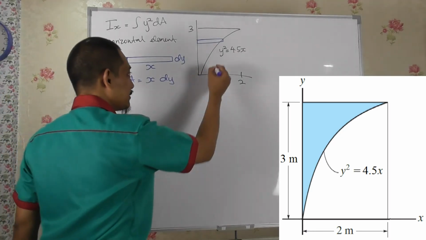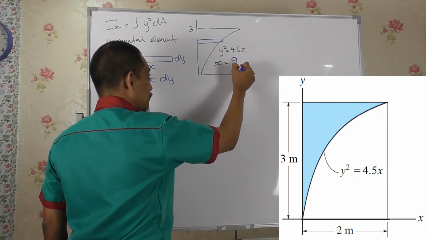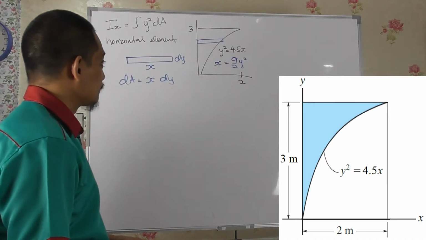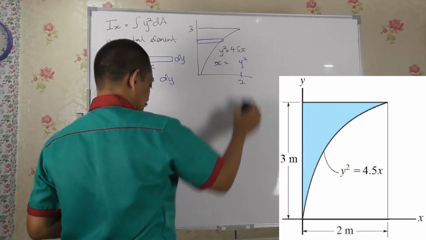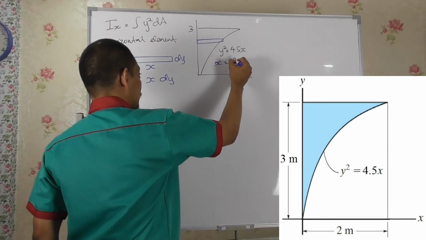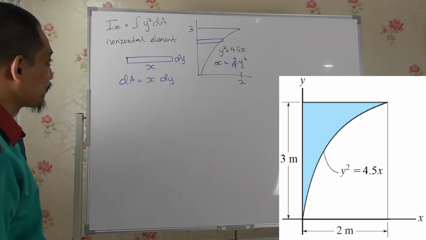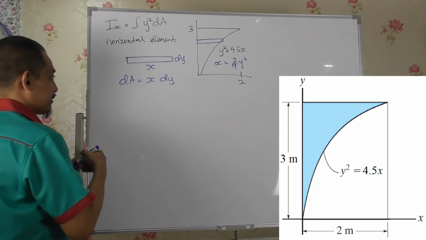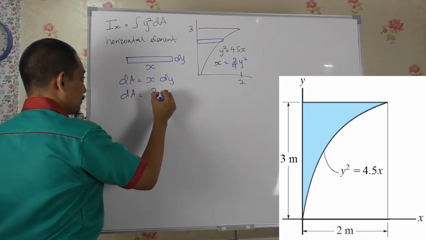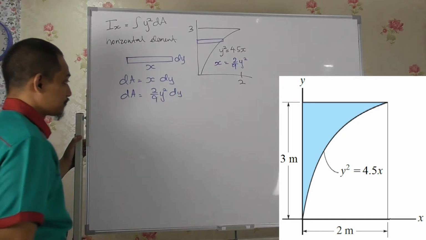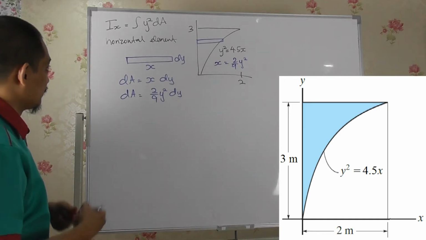From here, x is 2/9 y squared, because 4.5 is 9/2, and when you bring it over, it becomes 2/9. So plug in here, dA becomes 2/9 y squared dy. So you are ready to plug into this equation.